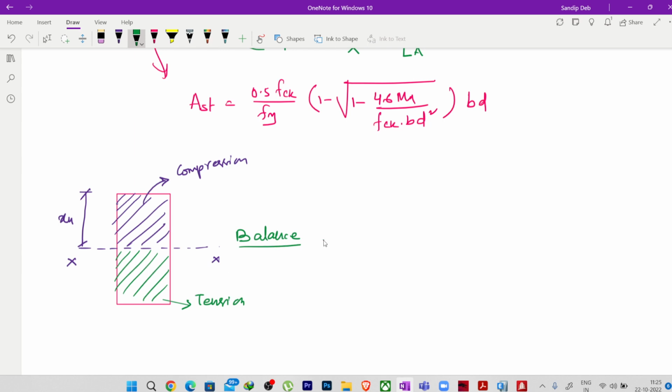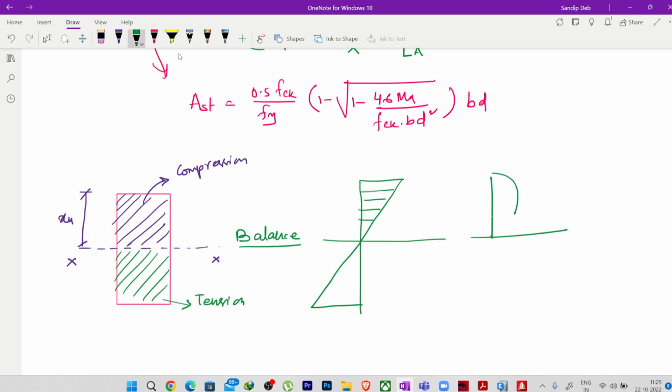Okay, so how are we going to get the strain diagram? It will be something like this, and the stress diagram will be something like this.